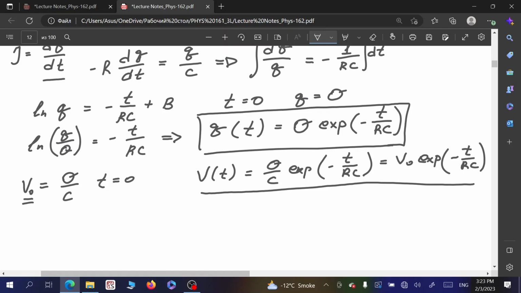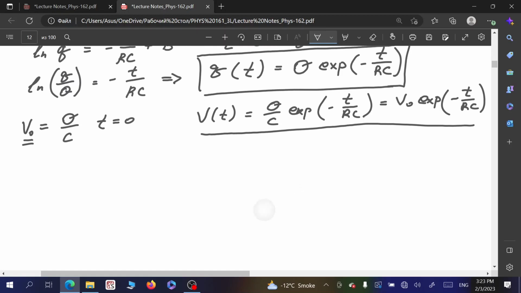And our next step is to express the equation for electric current. So how do we do that? We consider this function, charge as a function of time, and take the first derivative over time. So electric current as a function of time is equal to dq over dt.